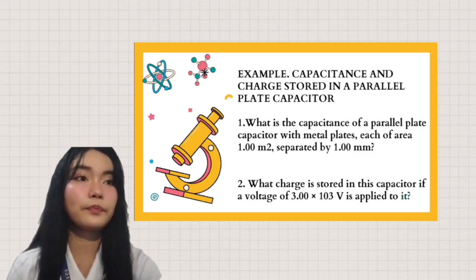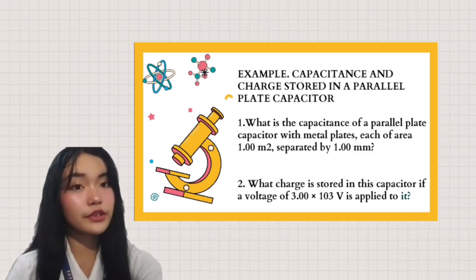The question is, what charge is stored in the capacitor if a voltage of 3.00 times 10 raised to the power of 3 V is applied to it?